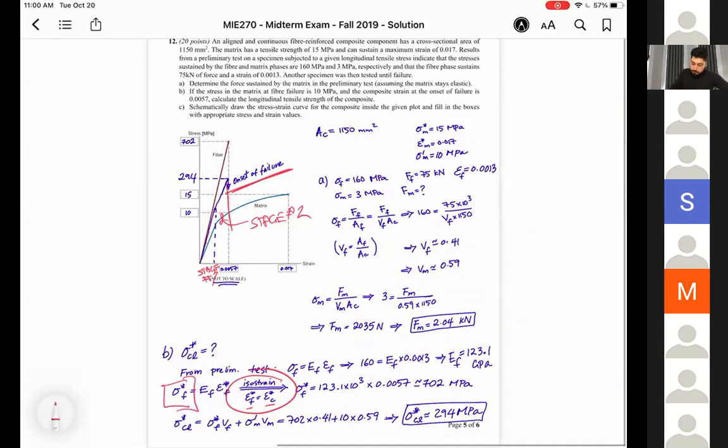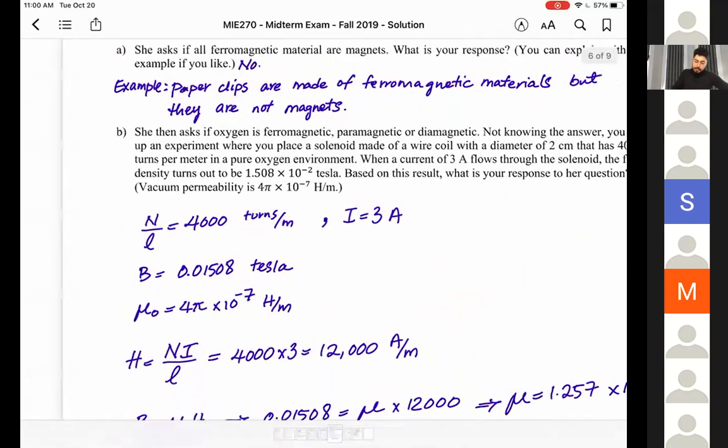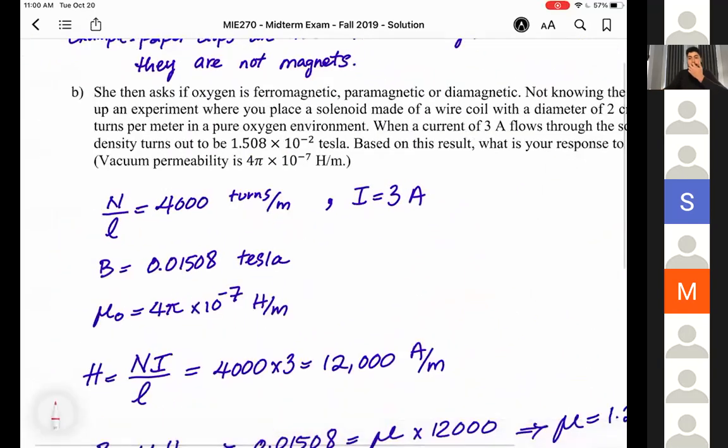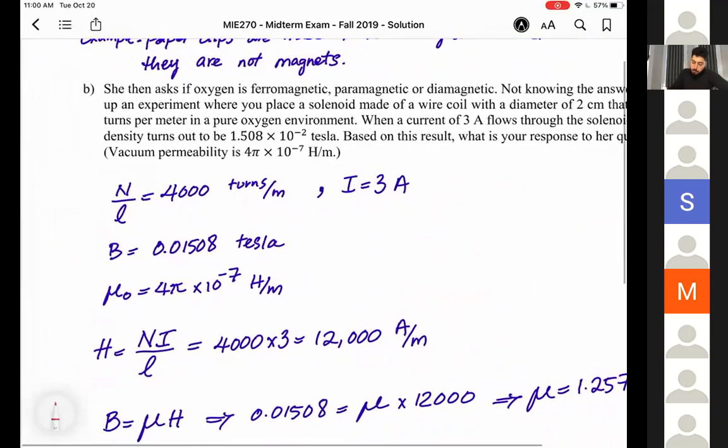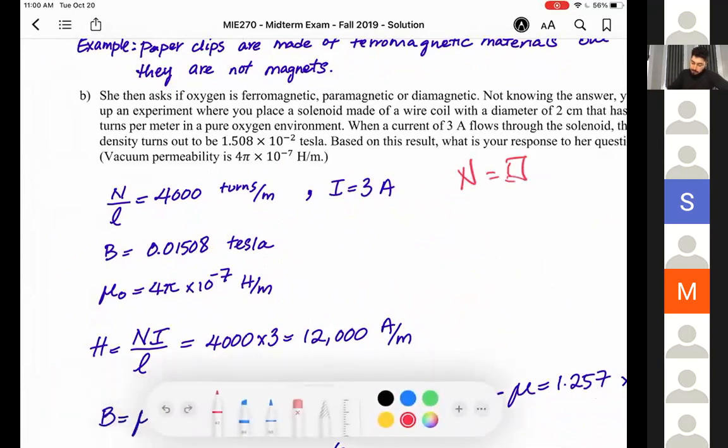And the final problem, I think, was on magnetic materials. You'll notice that in the tutorial problems and in the problems in the textbook, they give you N as a value and they give you L as a value. So the number of turns of the coil and the length of the coil are given separately.